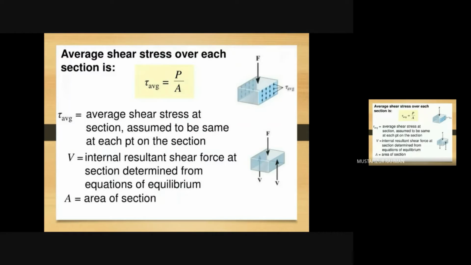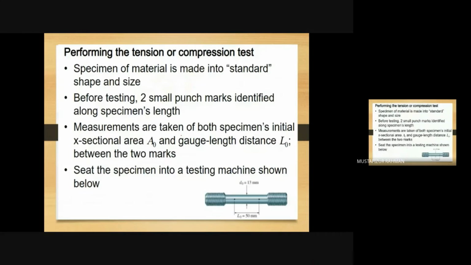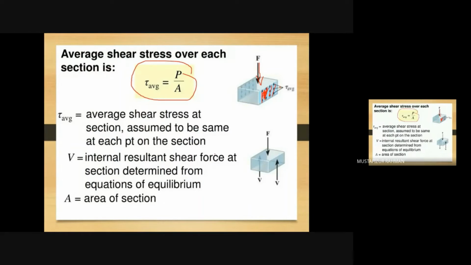Now, average shear stress is very easy. Total force by the corresponding area. Here we have the total force, and this force is acting upon this area, so this is the average stress. And one more thing I would like to add here. When we were talking about stress and strain, we have a material and we are applying stress.